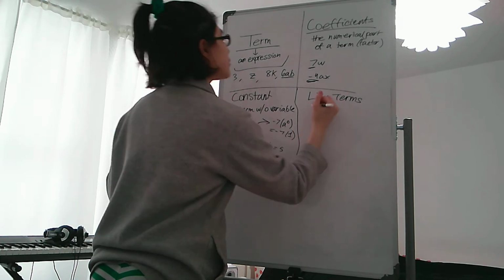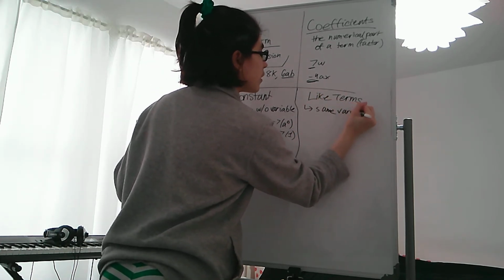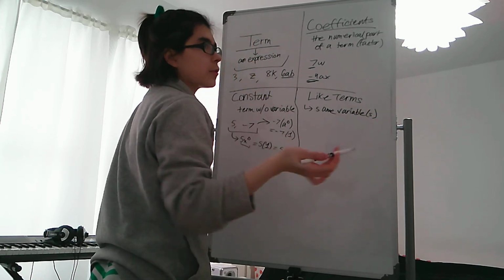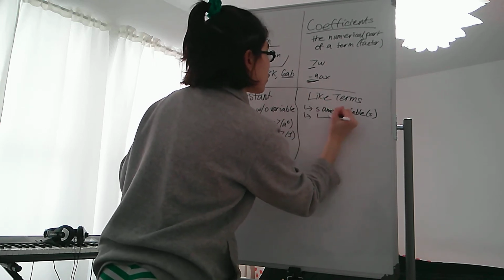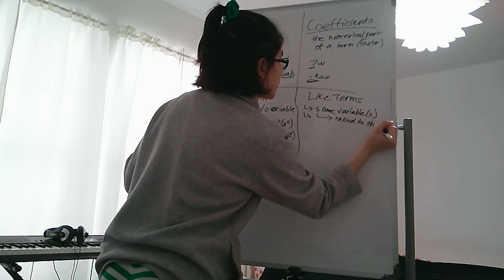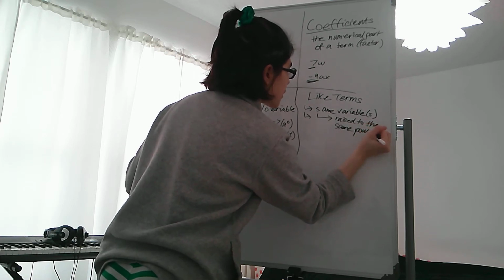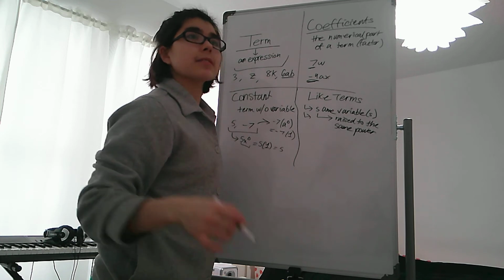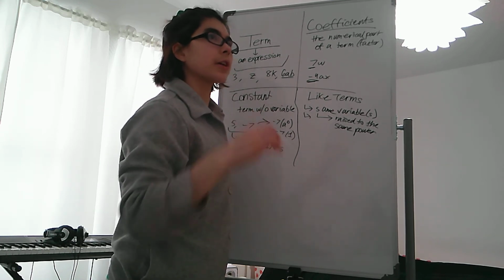So like terms have the same variable or variables, and those variables are raised to the same power. So keep in mind, let's say you've got x raised to the 4th power and x raised to the 5th power. Yes, they are both x, but they are not technically like terms because their powers, their exponents, are different.